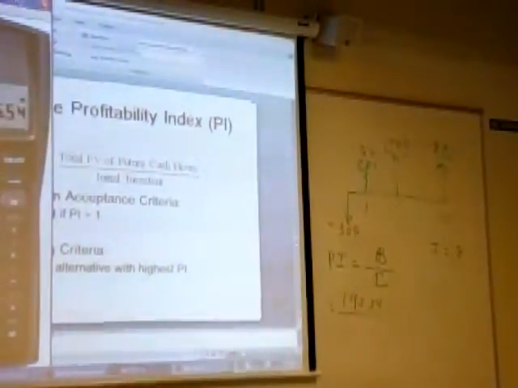This present value represents the benefit. Now what is the cost? The cost is 300.